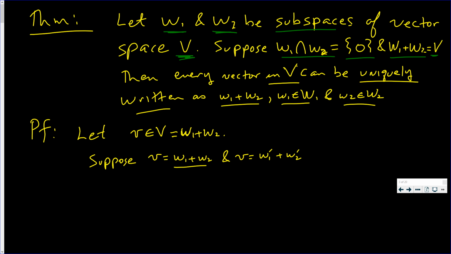I want to show that w1 equals w1 prime and w2 equals w2 prime.